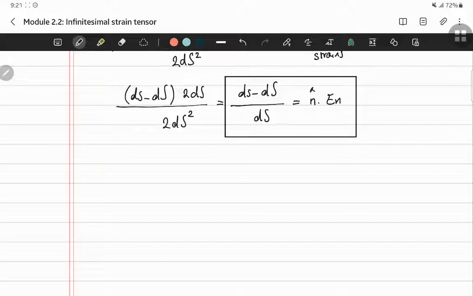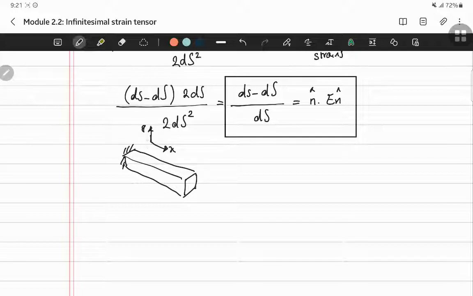And this n here is basically the unit normal vector. If you have a beam like this and you pull, and this is x, this is y, and this is z, then n here is (1, 0, 0), right? So if you want to calculate epsilon 11, it is basically the length L1 minus L0 divided by L0, and this gives you E11.